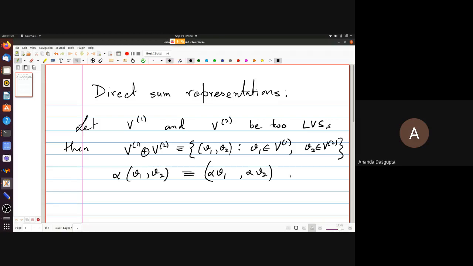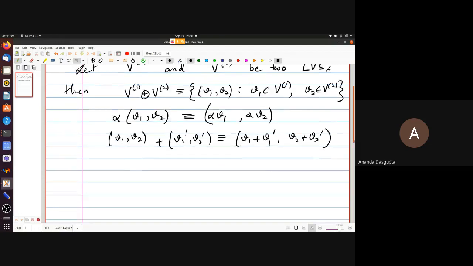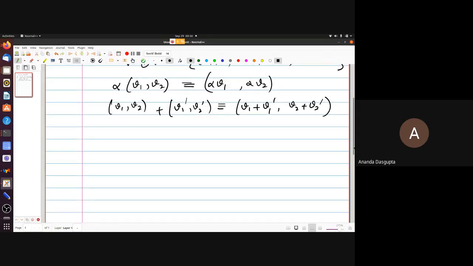So this belongs to V1 direct sum V2, and you define the sum of two elements of V1 direct sum V2 by this definition. Again, an obvious kind of definition: (v1 + v1', v2 + v2'). So in a direct sum vector space, each vector space gets to do its own thing.